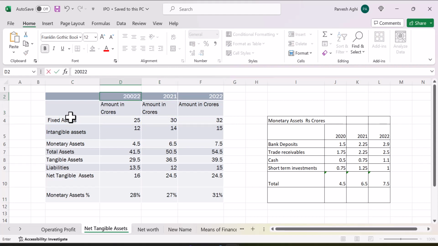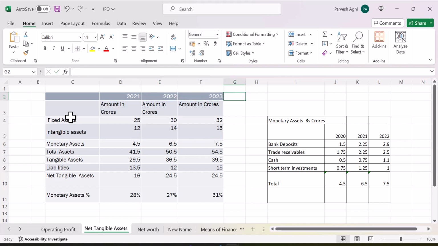It is 2021 now, which I mentioned here. And 2021, 2022, 2023. And there also I can change. So this was the last year, when I made this. Now we are in 2023, so somebody's coming with an IPO this year. Okay, so I'll just save it.